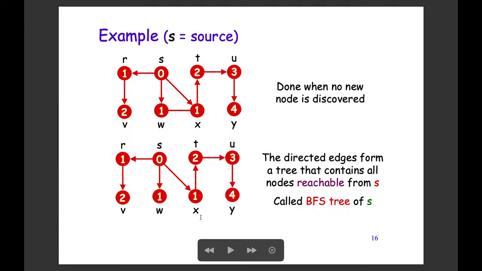So this is a rooted tree structure. This rooted tree is called a BFS tree of S. Now notice that the BFS tree is not unique, so it depends on how you write your algorithm. You can obtain different BFS trees from the same graph by running different algorithms.